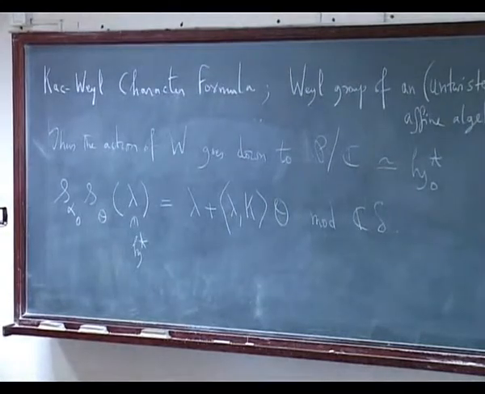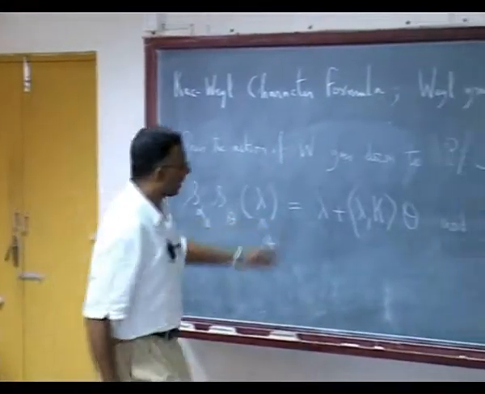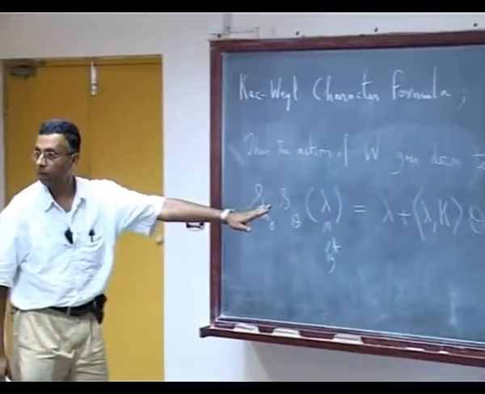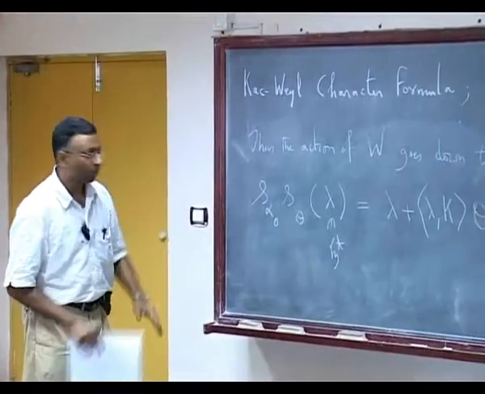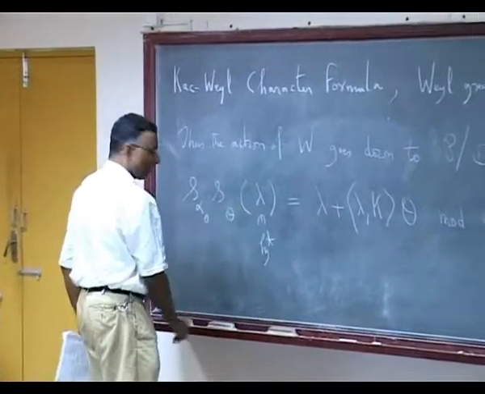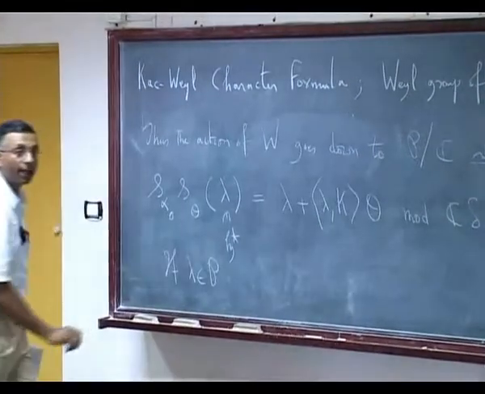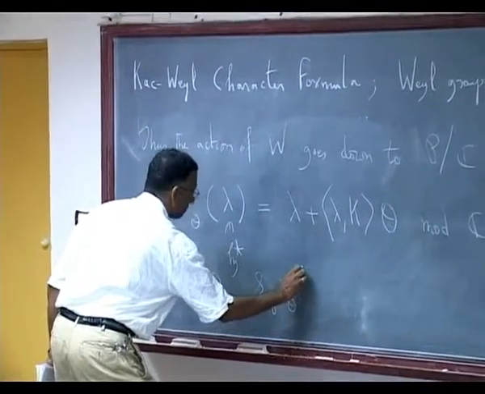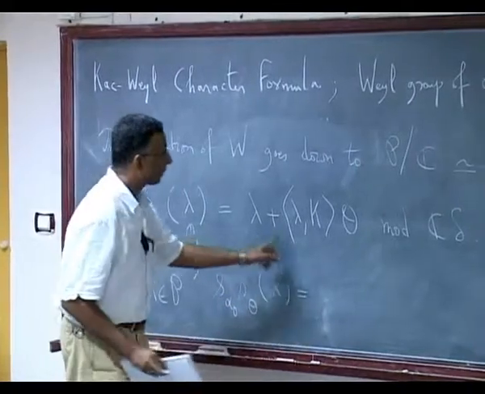Let's see what this means. If lambda is in P, this is the statement I want you to check. If lambda is in P, then what do I get? I get S alpha naught S theta of lambda is equal to lambda plus theta.